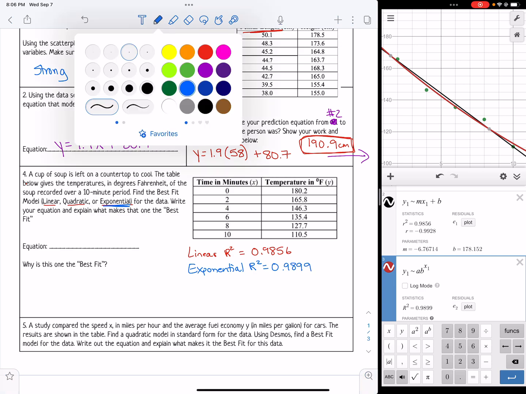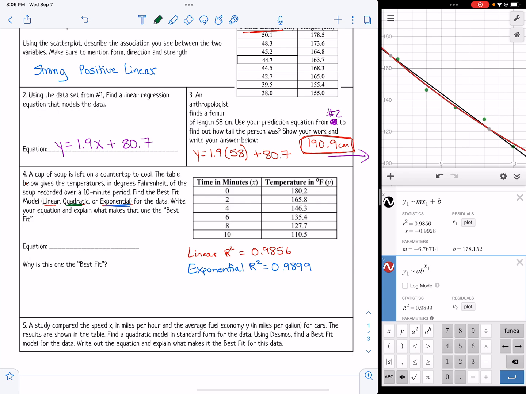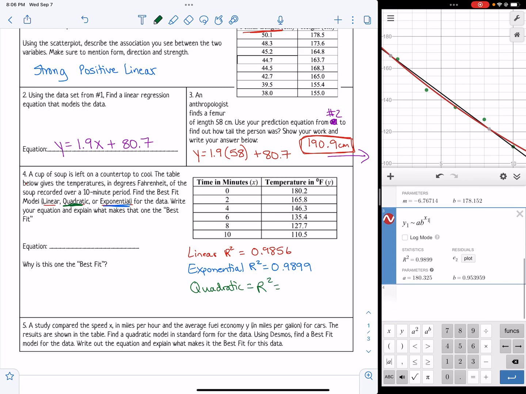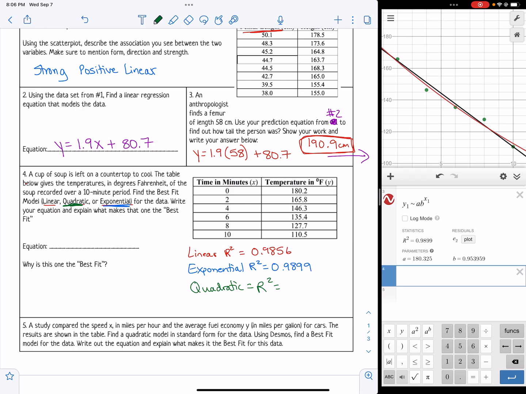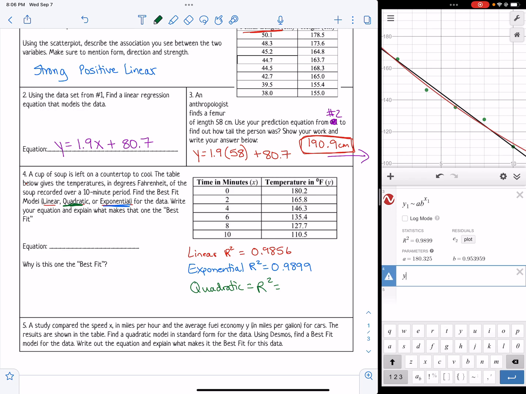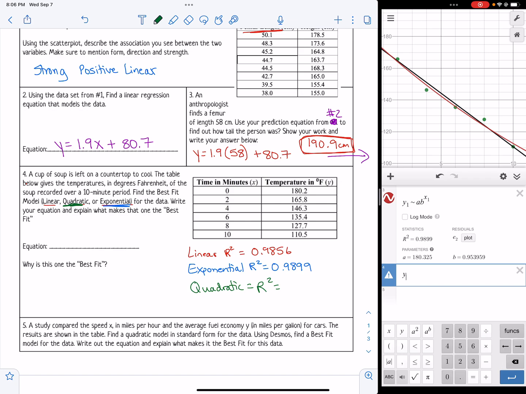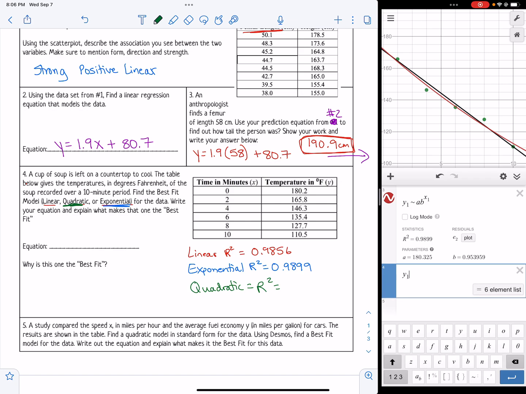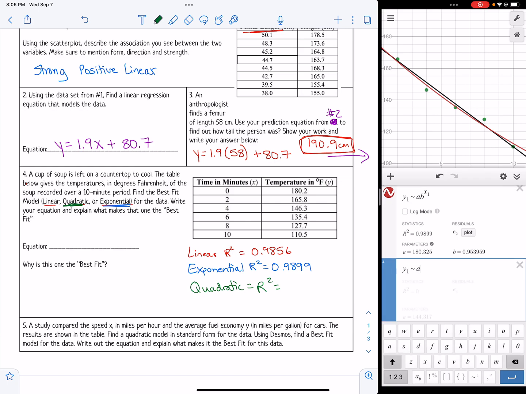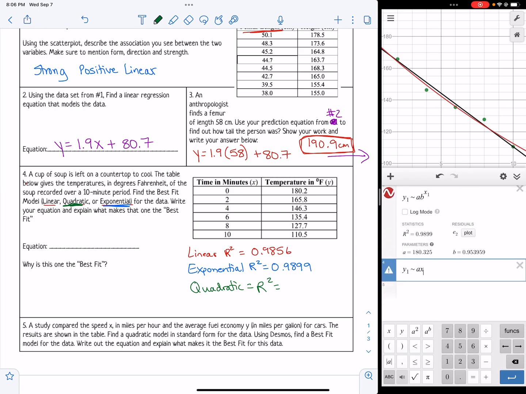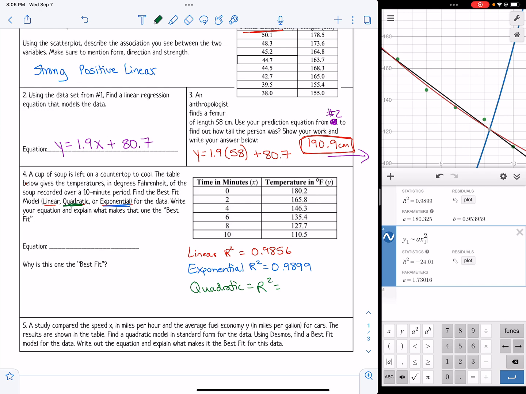All right, and then quadratic, let's put that one in green and find what that R squared would be, just to make sure we got the best model, because that's really the mathematical way to find the best one. So I need y subscript 1 again is approximately a, and then we need x to have a subscript of 1 and square it.